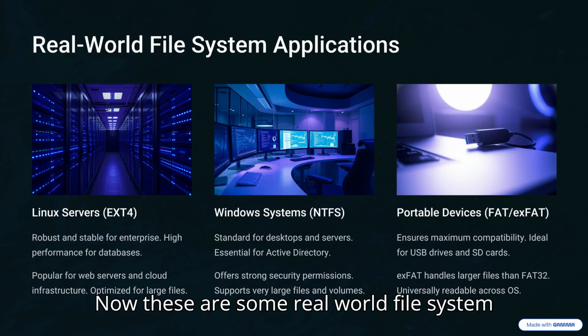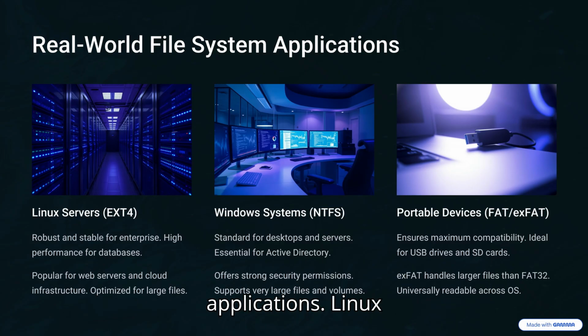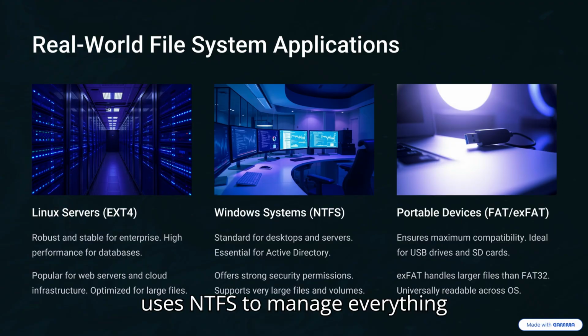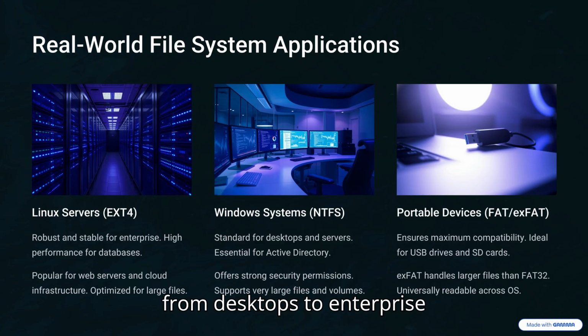Now, these are some real-world file system applications. Linux servers use ext4 for high-performance workloads, cloud infrastructure, or database storage. Windows uses NTFS to manage everything from desktops to enterprise networks.